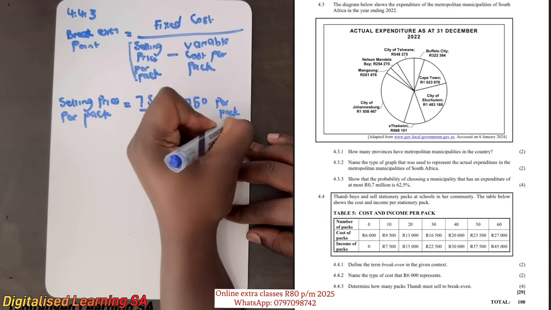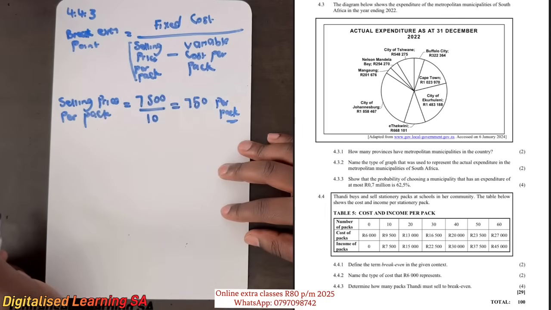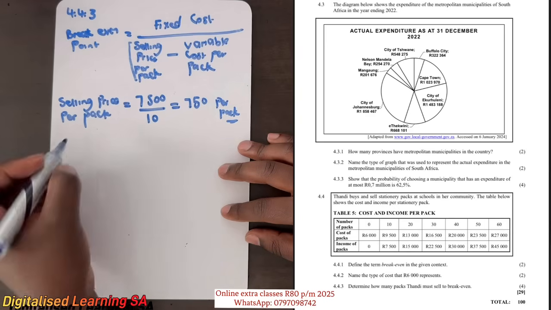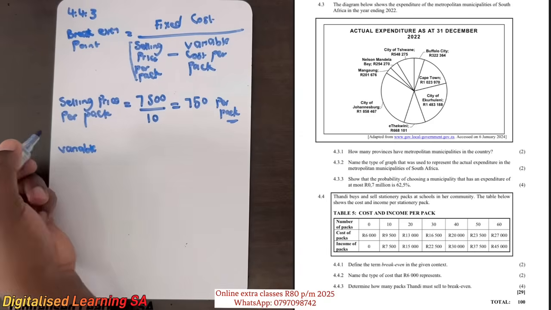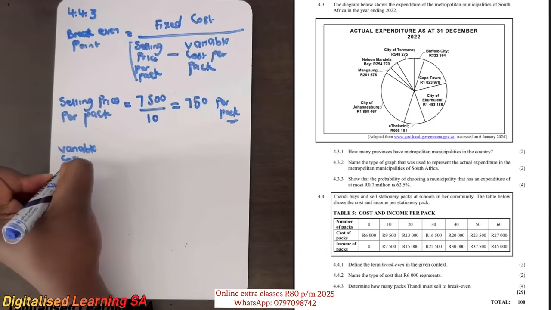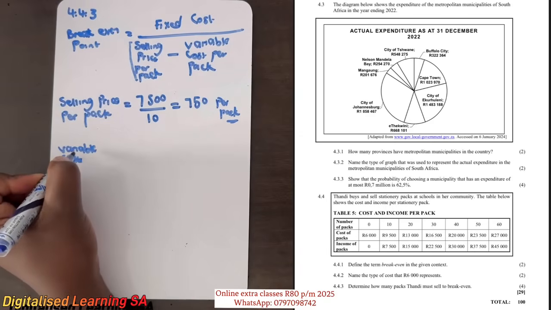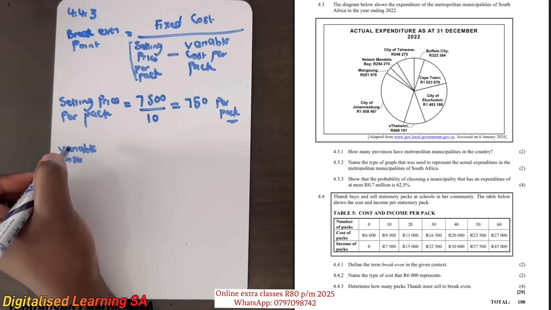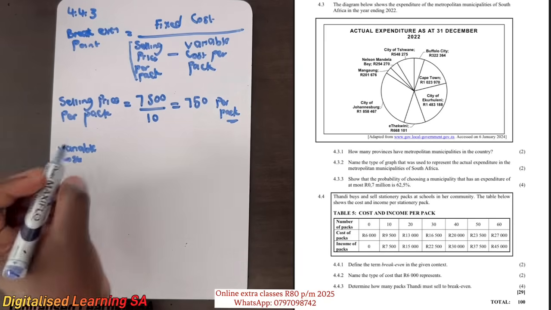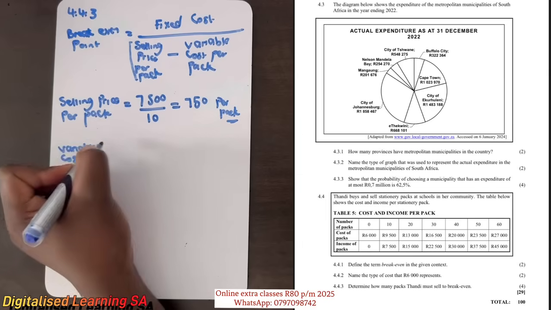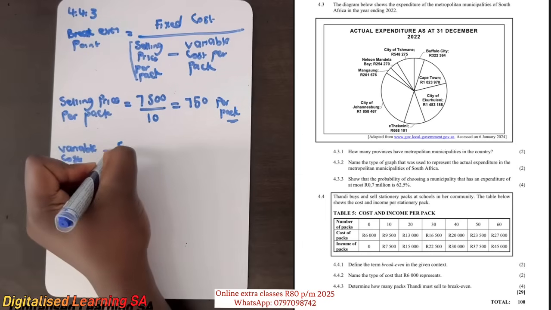Okay, so now we need to find the variable cost per pack. First we know that the variable cost is given by total cost minus the fixed cost.